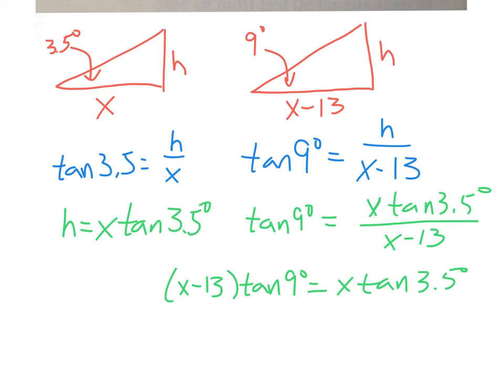Then I'm going to divide through by tangent of 9 degrees. So then I have x minus 13 equals x times tangent of 3.5 over tangent of 9 degrees.